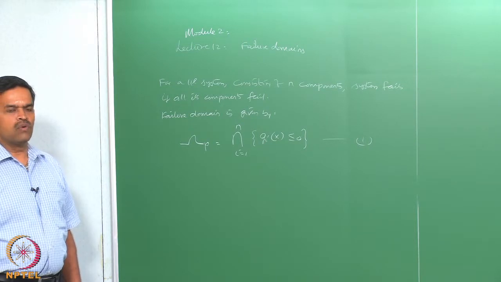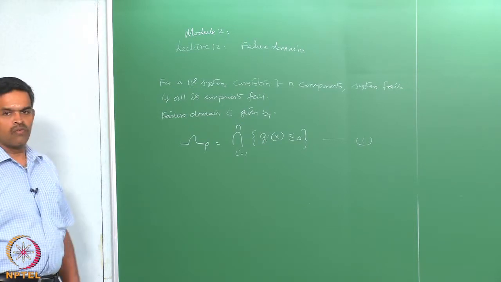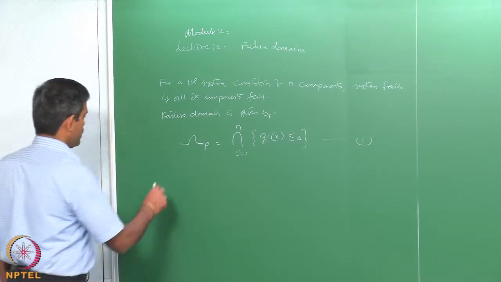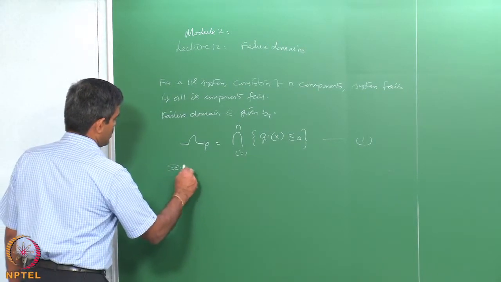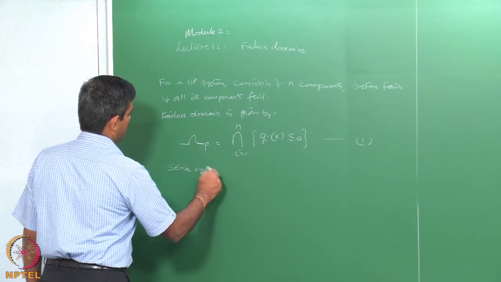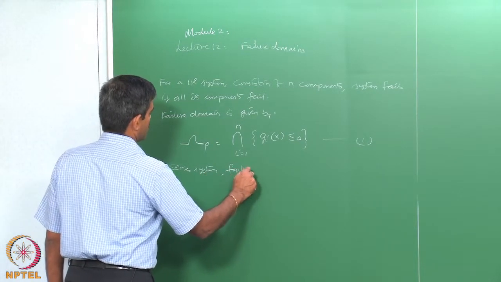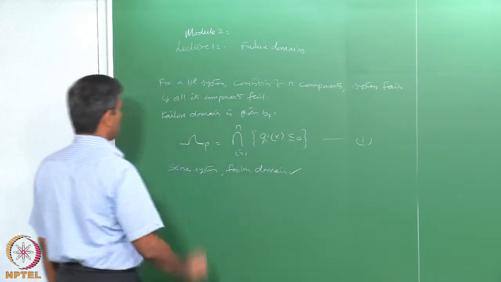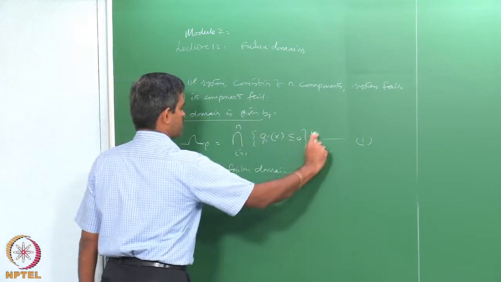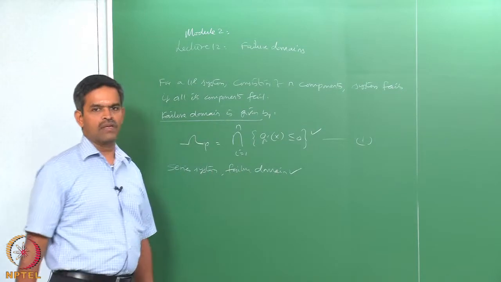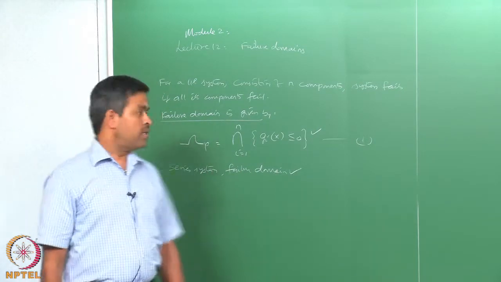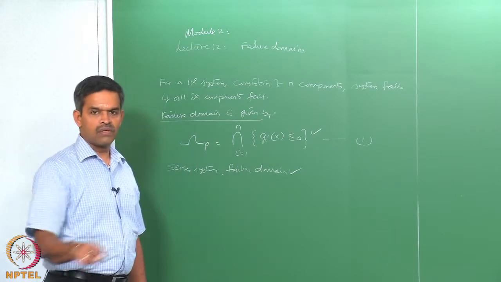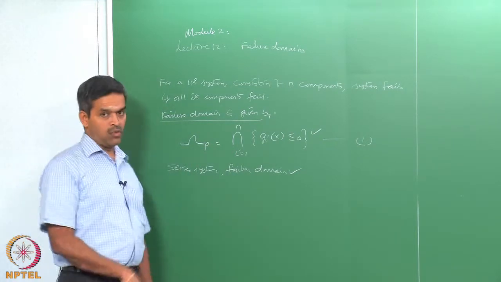Now, let us try to understand the failure domains of series systems and parallel systems graphically. We know the series system failure function, and we know the failure domain of the parallel system. One is of course the intersection of the failure domains of different subcomponents, the other is the union.